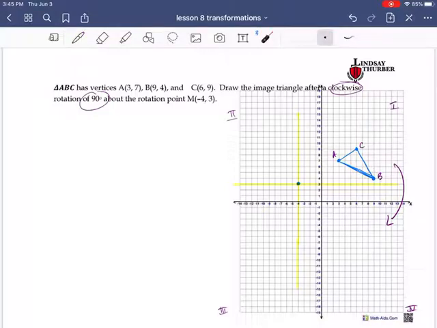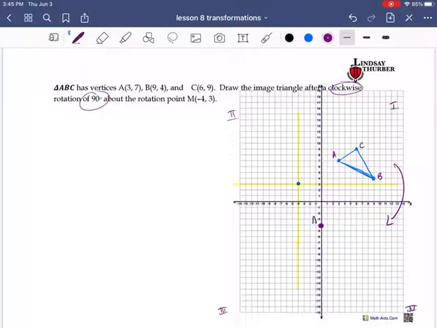Now the next thing we need to do is figure out how far away from this rotation point each of the points are. So A is going to be 1, 2, 3, 4, 5, 6, 7, and 1, 2, 3, 4 up. So our new point is going to be 1, 2, 3, 4, 5, 6, 7, and 4 up, 1, 2, 3, 4. So right there is going to be our new point.